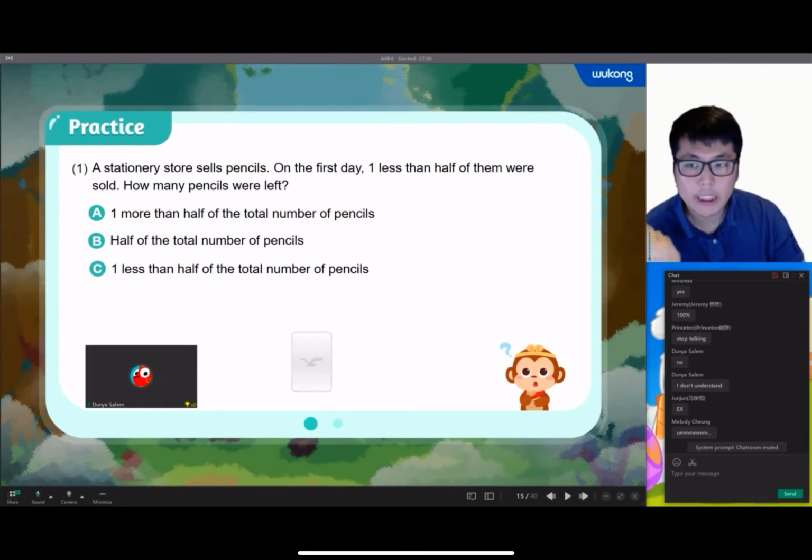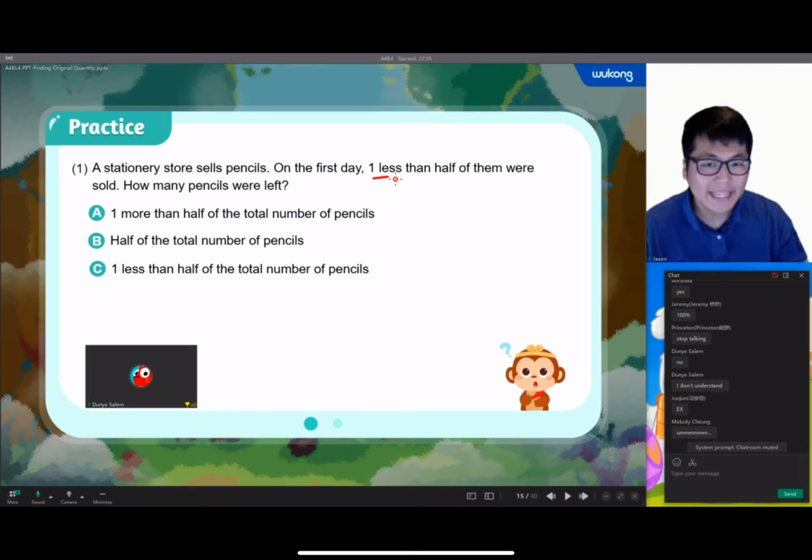Let's have a look at this one. A stationery store sells pens. On the first day, 1 less than half were sold.